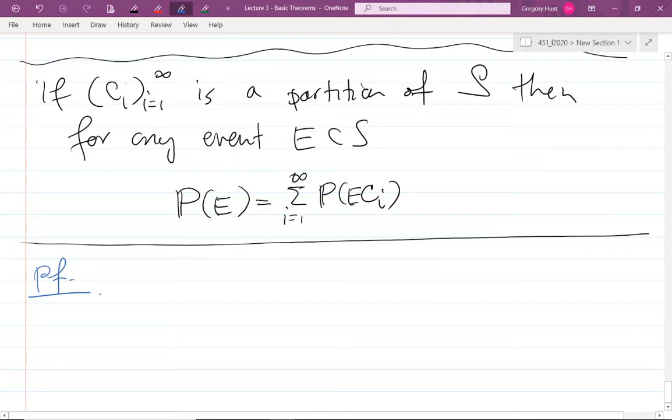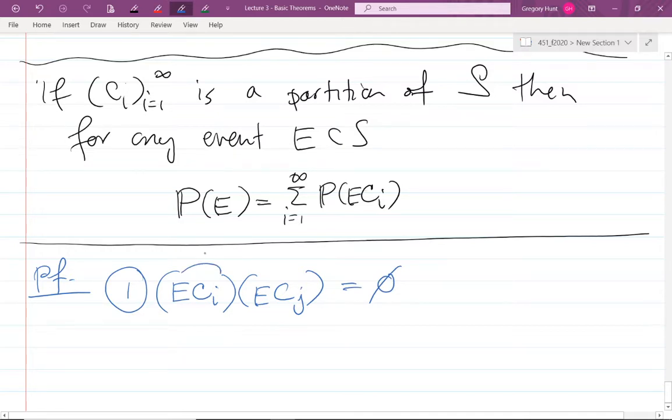Basically, we need to show a couple of facts. One is that E intersect C_i intersect E intersect C_j is empty. Let's call these A_i and A_j. So here A_i is E intersect C_i, and A_j is E intersect C_j, for example.